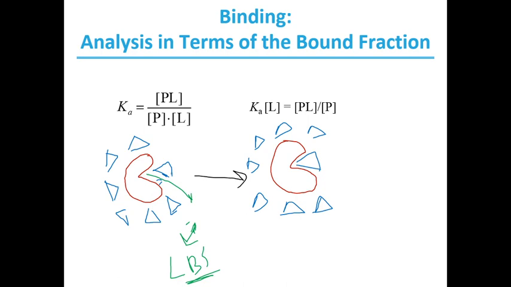In that case, protein binding to the ligand will not change the concentration of the ligand. This is usually the case in cells because the concentration of ligand is much higher than the concentration of protein. So we need to analyze in terms of bound fraction here.